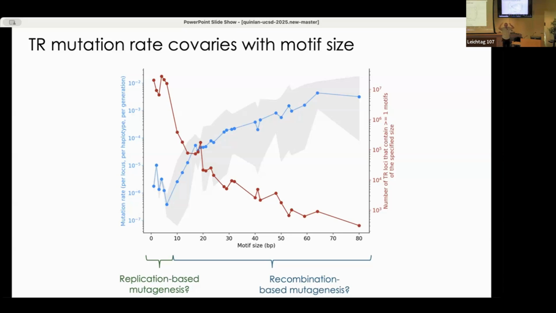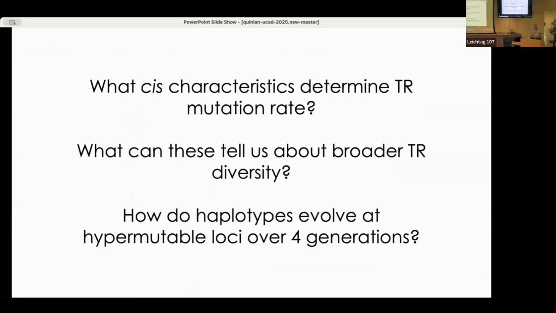Because these alleles are really, really long. They're highly similar, and so are prone to ectopic recombination between the two haplotypes. So I'll end there. That is where we are developing methods right now to do that. And we have a follow-up paper from a paper that's about to come out looking at the mechanism behind these patterns that we're seeing. Yes, please.